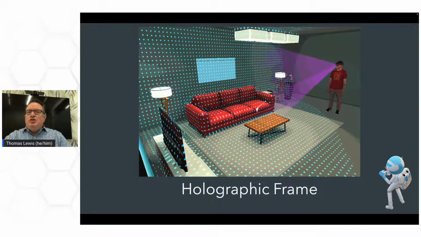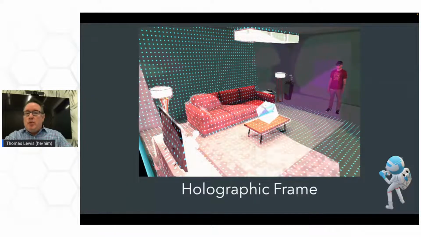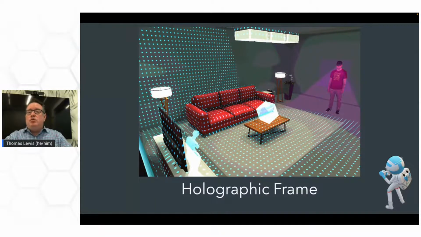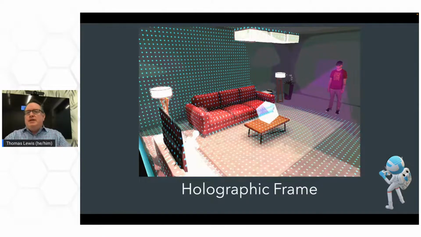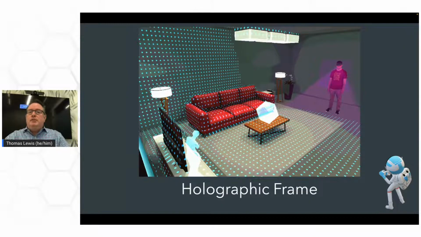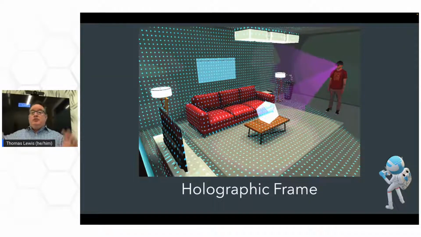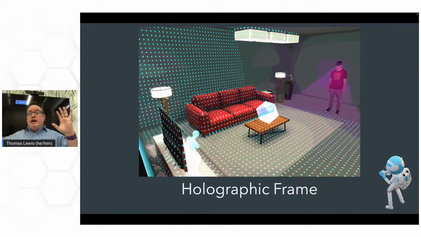For example, do we really want to render and represent the entire 360 world, or do we want to just render what's in that holographic frame? Also, how do we design for this? So, for example, if something is outside of that frame, how do we let someone know that there's something that actually exists?